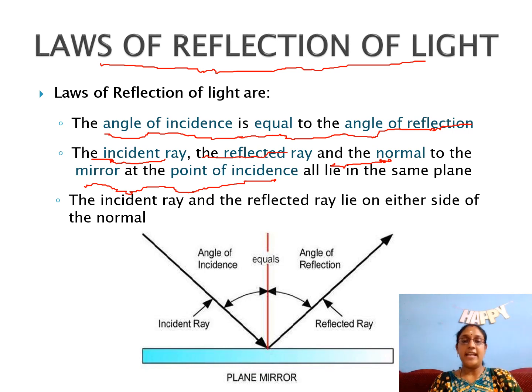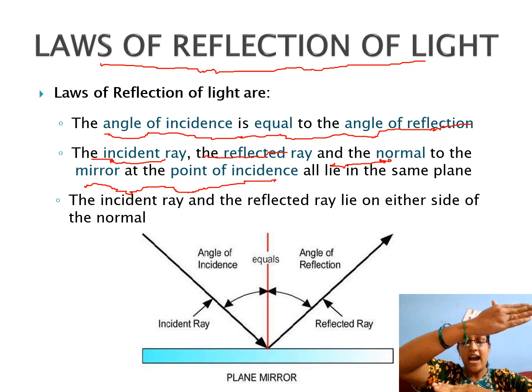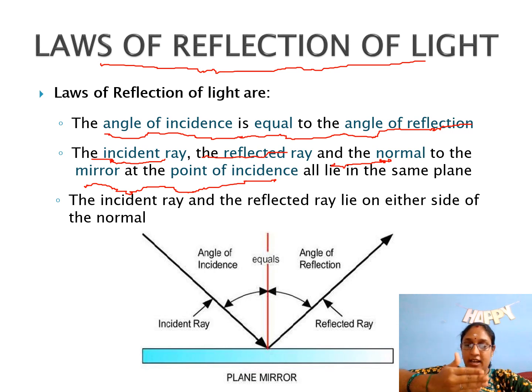The incident ray and the reflected ray lie on either side of the normal. It's a simple diagram, no? Whenever light falls on the surface, you have an incident ray. It reflects back as the reflected ray. You have a normal line. All these three meet in the same plane. Okay, got it.